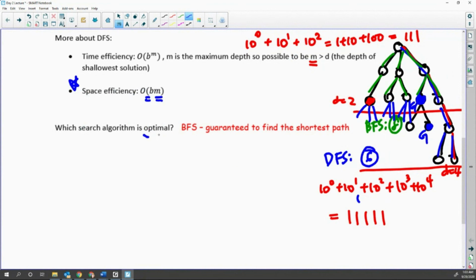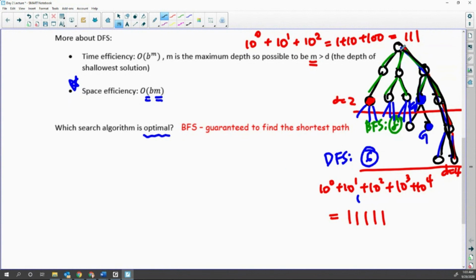Optimal means guaranteeing the shortest path, guaranteeing to find the shortest path. BFS guarantees the shortest path, but DFS does not guarantee the shortest path. To get this goal, the DFS actually goes all the way through, then comes back and goes there.